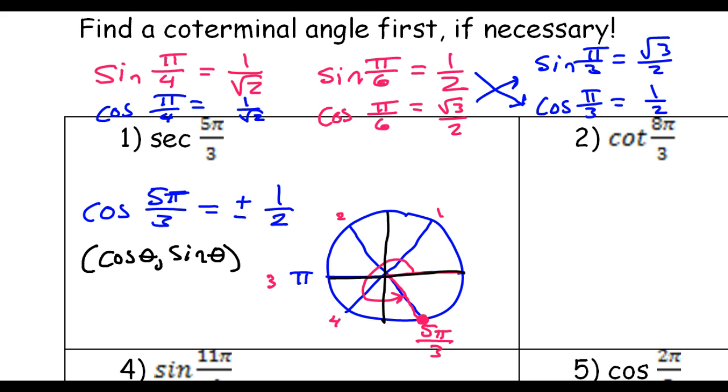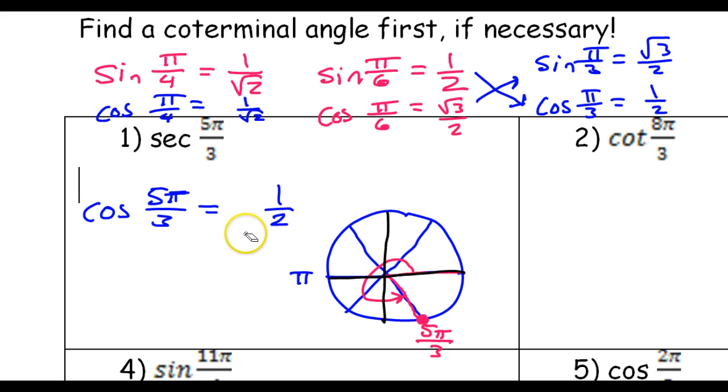So the cosine is the x value and the sine is the y value. So all I need to know is, is this positive or negative? Well, we're dealing with the cosine, so we're talking about the x value. So is the x value positive or negative in this quadrant? Well, it's to the right, so that is a positive x value. So that tells us that it'll be positive 1/2.